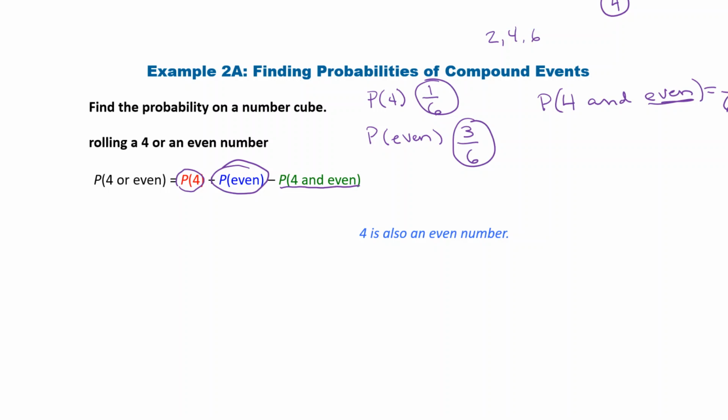So remembering that 4 is also an even number, I see the probability of rolling a 4 here, the probability of rolling an even here, and then we're going to take this last 4 out because it's in both of those categories and we don't need to count it twice. So once we add it up, we end up with 3/6, which is the same as 1/2.